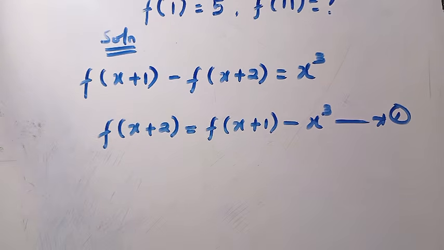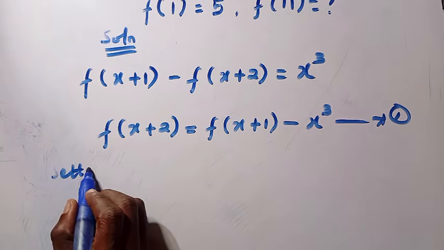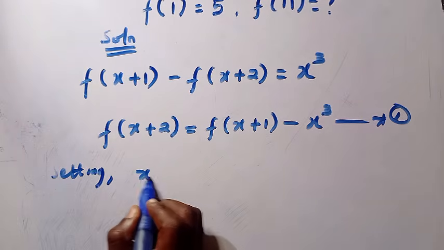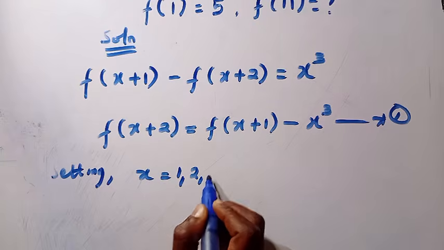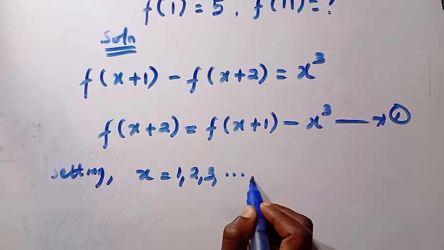And again, we have to generate some chains since we have the initial value of 5 for f(1). To generate a chain, we need to go from f(1) to f(11). So let's say I set x to be equal to 1, 2, 3, and this keeps going to 9.